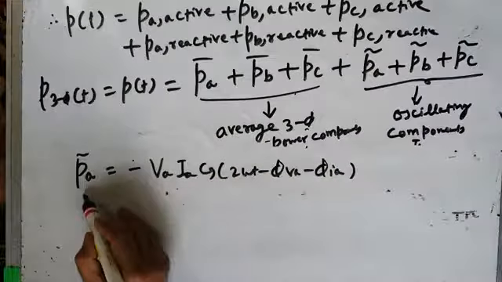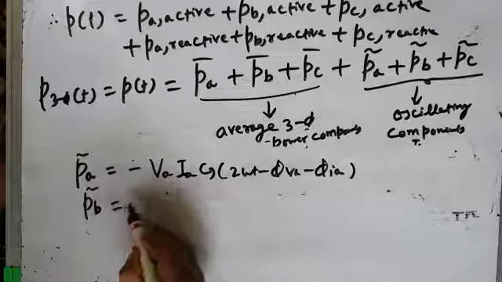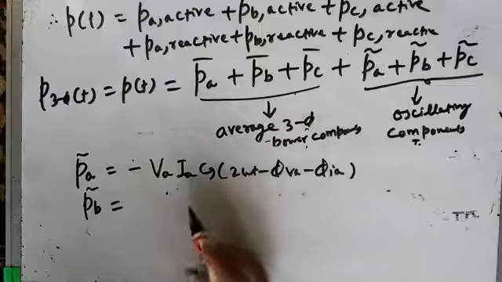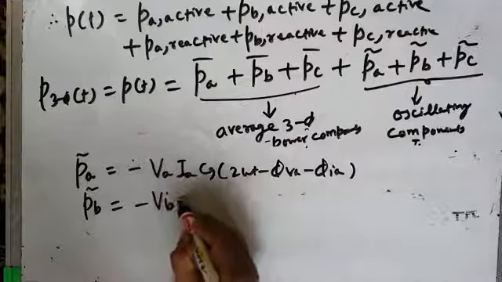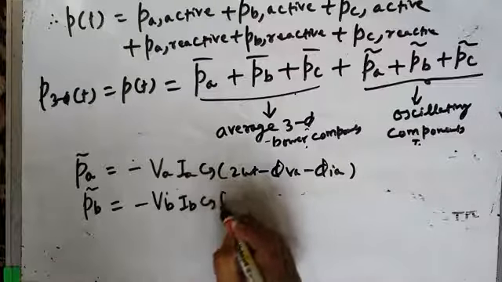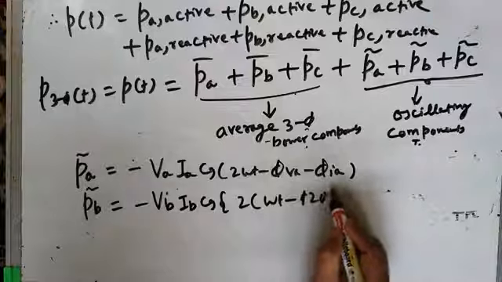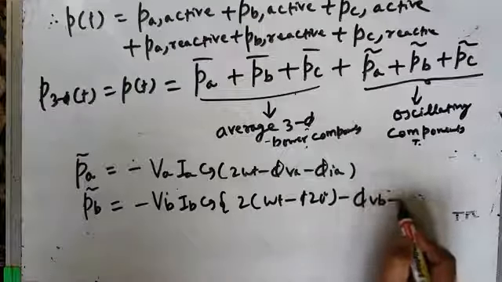Similarly, what is PB, the oscillating component of power in phase B? PB is given by this equation, minus VBIB cos of 2 times omega t minus 120 degrees minus phi VB minus phi IB.